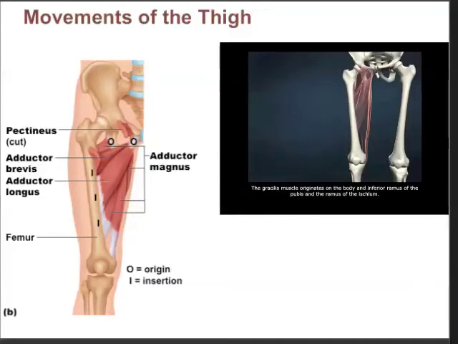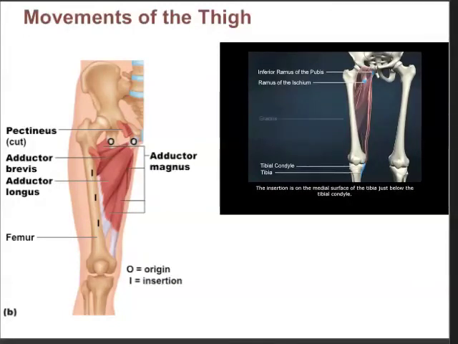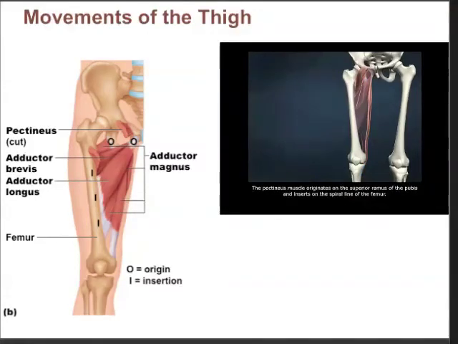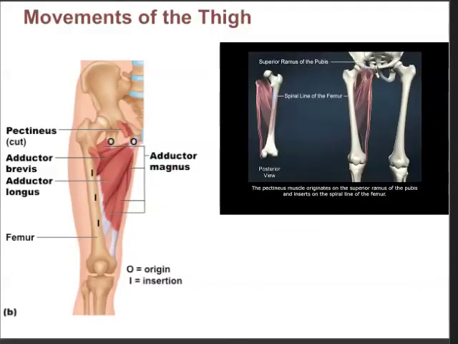The gracilis muscle originates on the body and inferior ramus of the pubis, and the ramus of the ischium. The insertion is on the medial surface of the tibia, just below the tibial condyle. The pectineus muscle originates on the superior ramus of the pubis, and inserts on the spiral line of the femur.